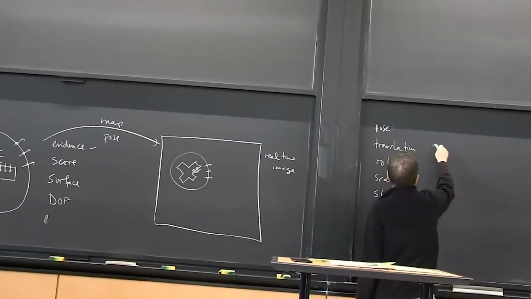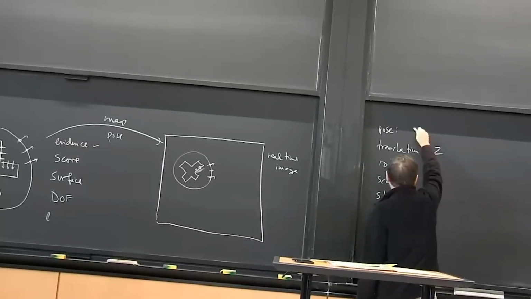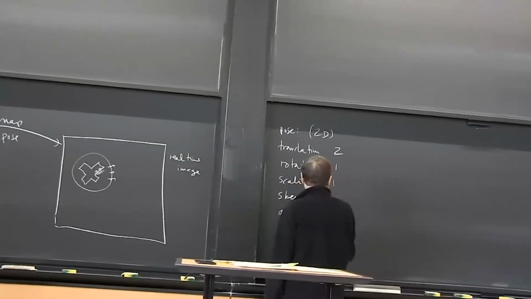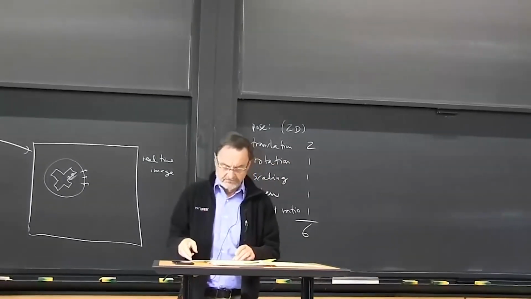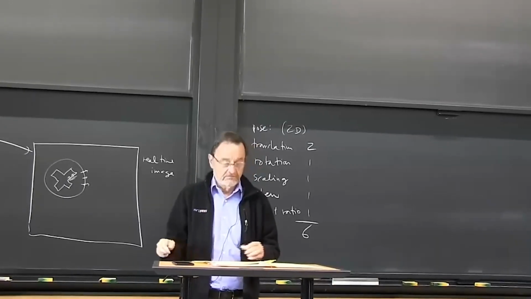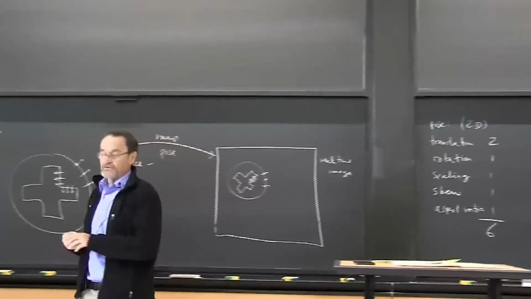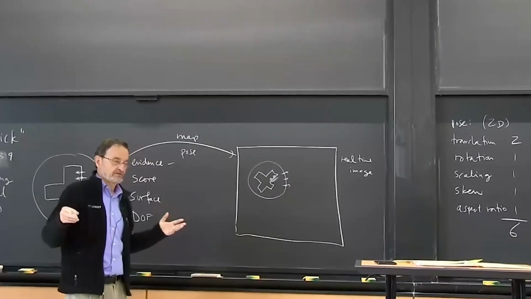So translation, 2 degrees of freedom, rotation 1 in 2D, scaling 1, skew 1, aspect ratio 1. So a total of 6 independent parameters. And so we're dealing with a potential 6-dimensional space. And if you quantize that even to 10, then you're already up at 1 million.